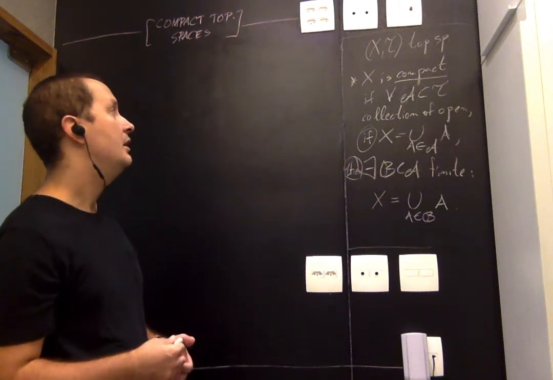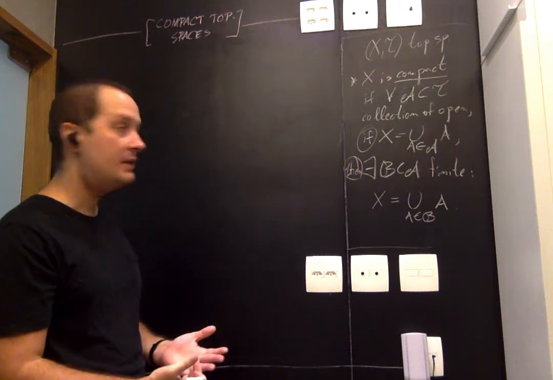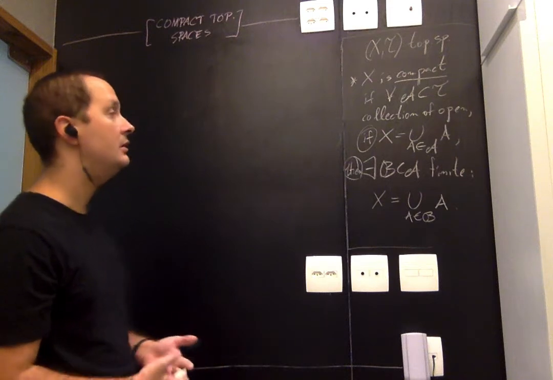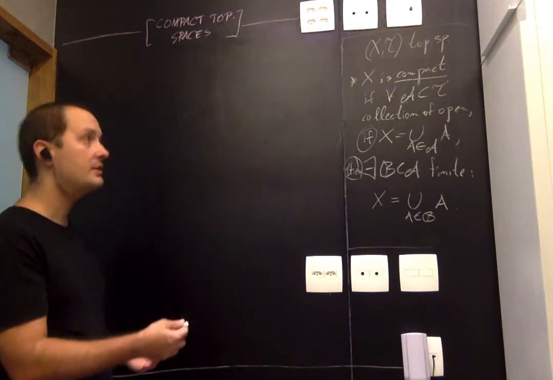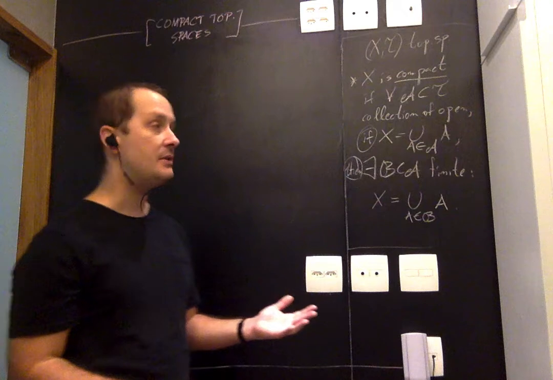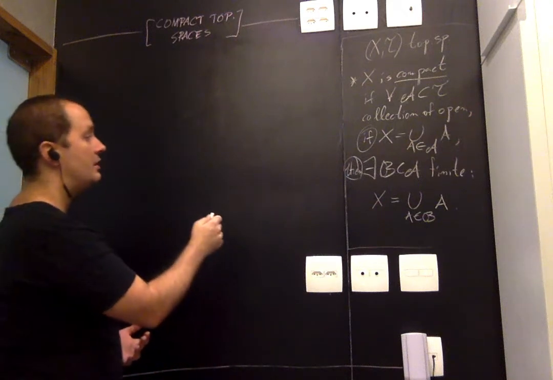If I want to talk about subsets of X, what definition do I have? Well, if you have a subset K of X, then you just use the relative topology.